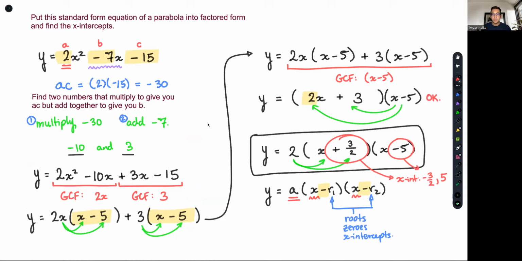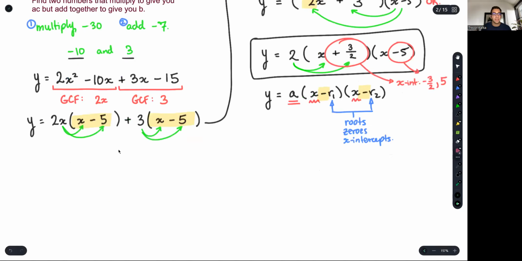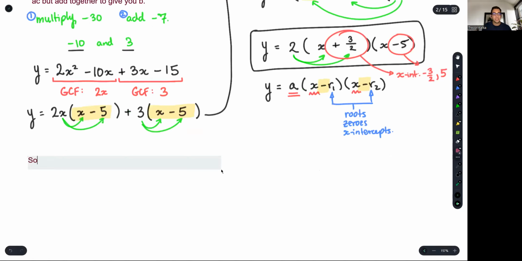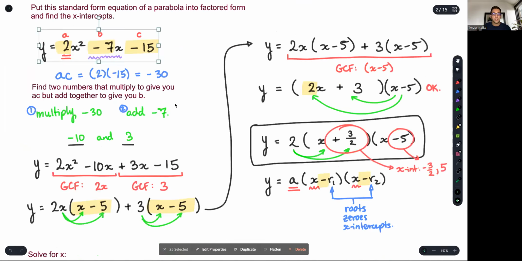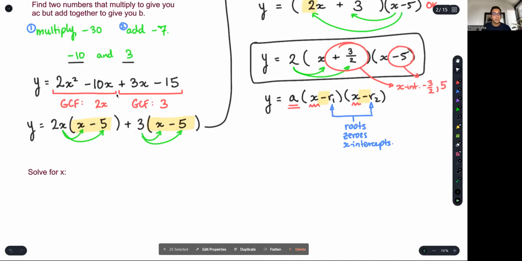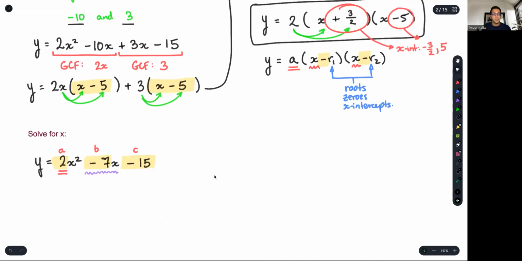Another very similar situation where you might encounter basically exactly the same procedure is where you have to solve something like this. You might have an equation that says solve for x, and your equation is going to be the same as what we have here. So why don't I just copy that down here? It's going to be the same, except instead of having a y, you might have a 0.